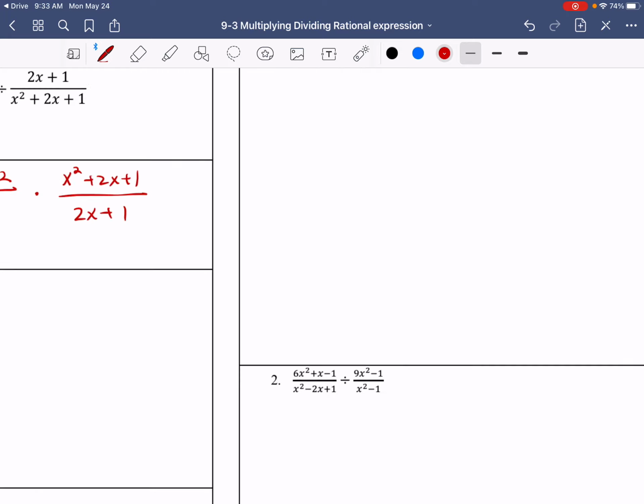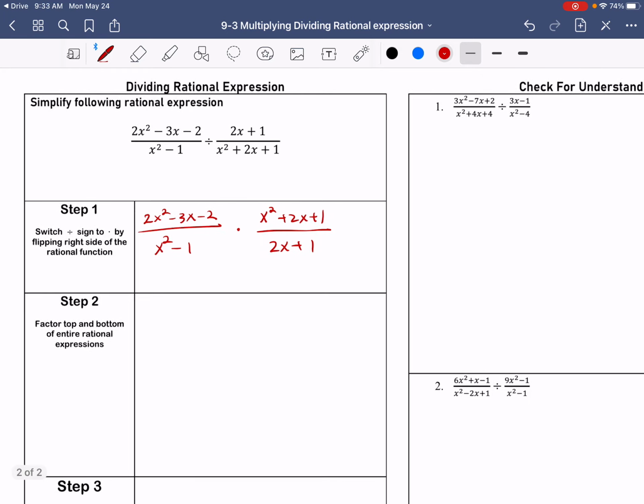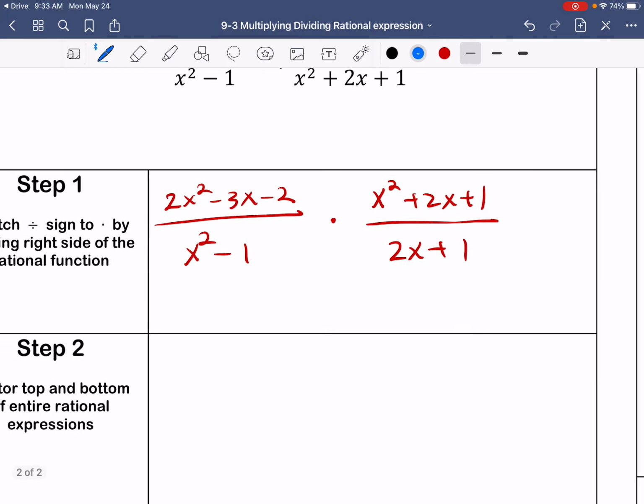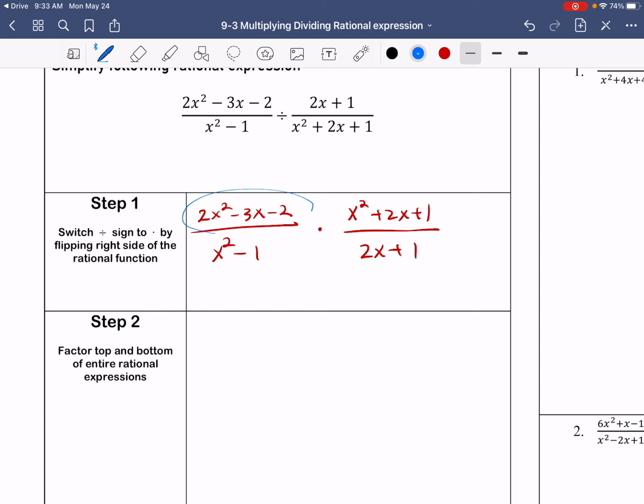So let's do this one first. And then everything is the same, okay? Now let's factor top and bottom. Let me do this one. 2x squared minus 3x minus 2. Slip, so you get x squared minus 3x minus 4. x minus 4, x plus 1, divided by what we slipped over, which is 2, and then simplify.